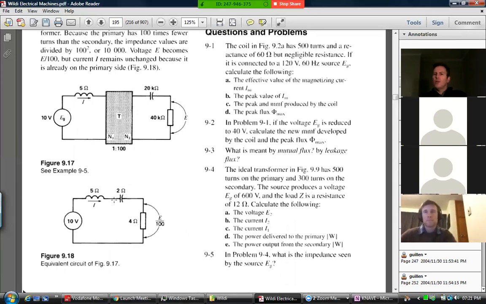You guys are obviously familiar with complex numbers and the polar format of impedance and all those kinds of things, the angle and the J and all that stuff.